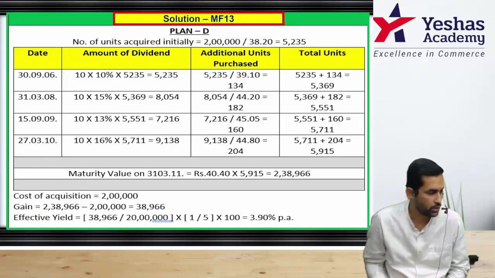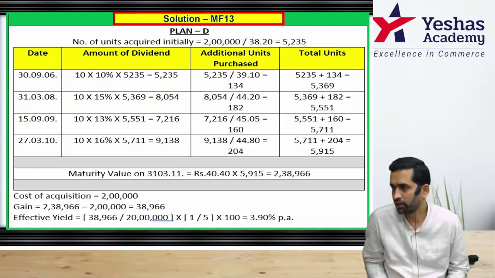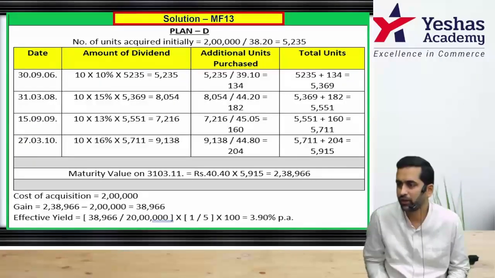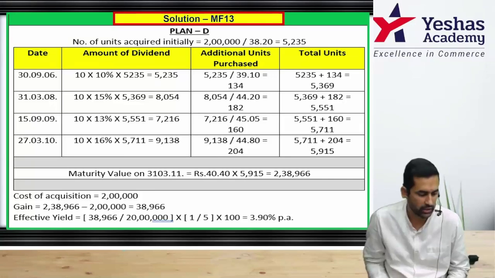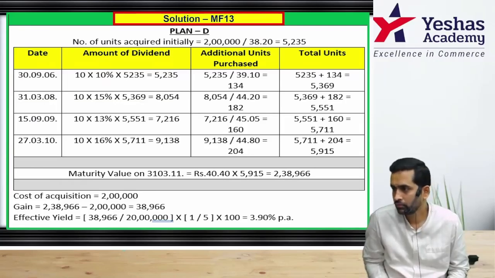On screen you have 10 extra, that's not correct. It's 2 lakh rupee. Into 100 if you do, you will get the rate of return for 5 years, because you started this fund on 1406, redeeming on 31/3/11. So into 1/5 when you do, you get 3.9% annualized.